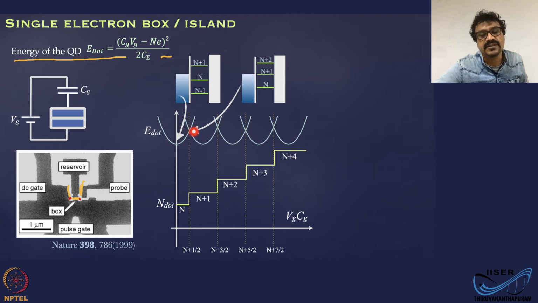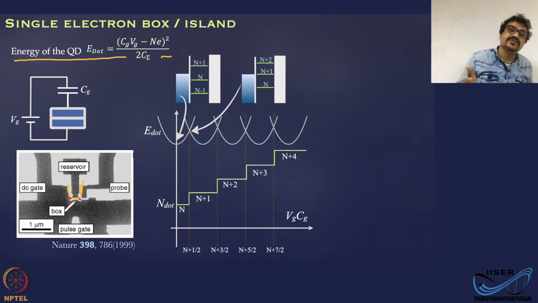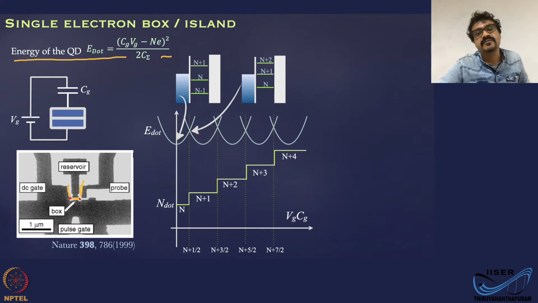They will have the same energy. That's a charge degeneracy point. Then the dot is equally well off whether you have n electrons or n plus 1 electrons. And if you go further, then you will walk through this parabola here, and this will be a lower energy state. So the dot will get filled by one more electron, and that goes on.